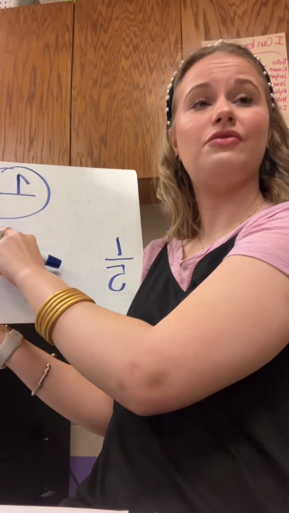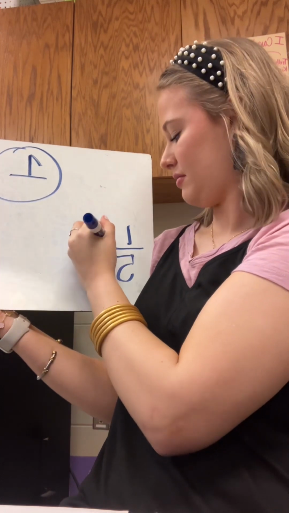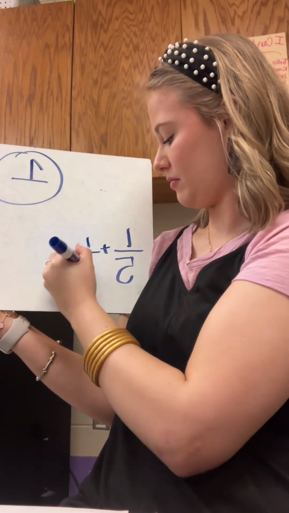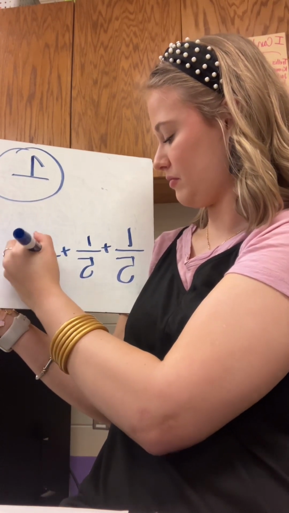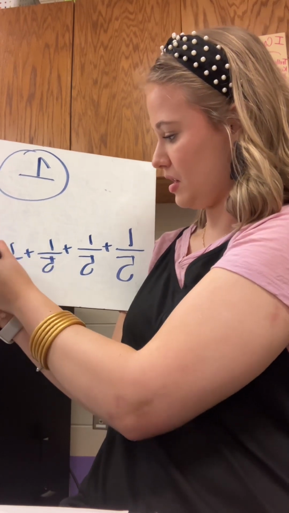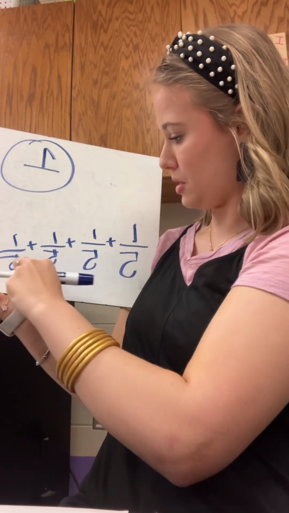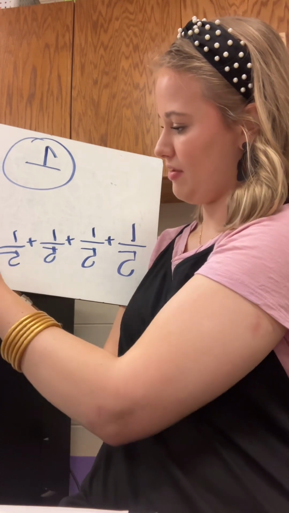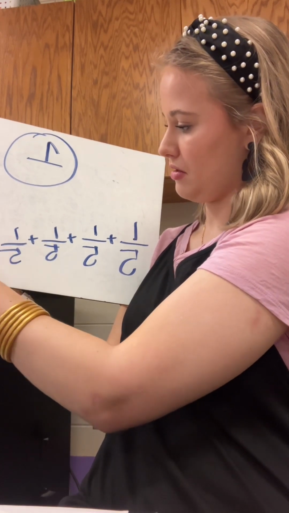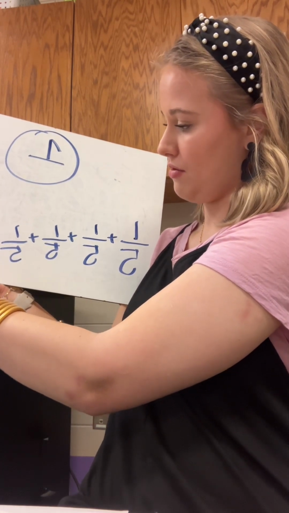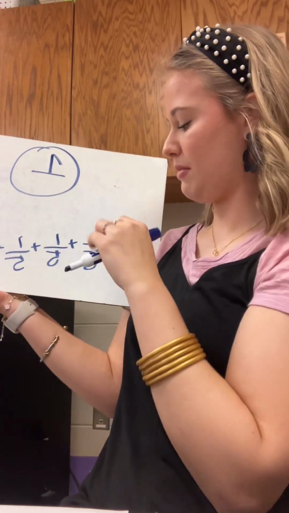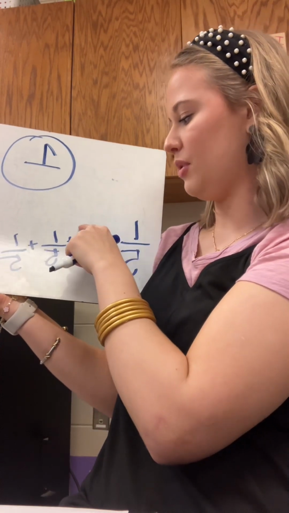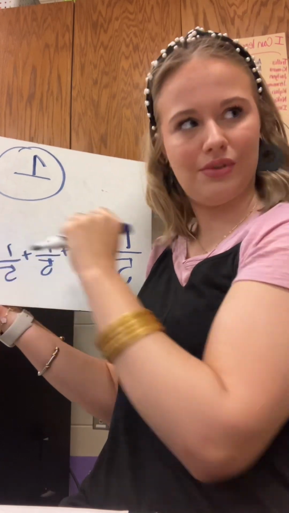5, because we're doing 1, 2, 3, 4, 5, and then we get it equal 5. So the denominator is going to stay the same, and when we add them together, what's 1 plus 1 plus 1 plus 1 plus 1? 5.